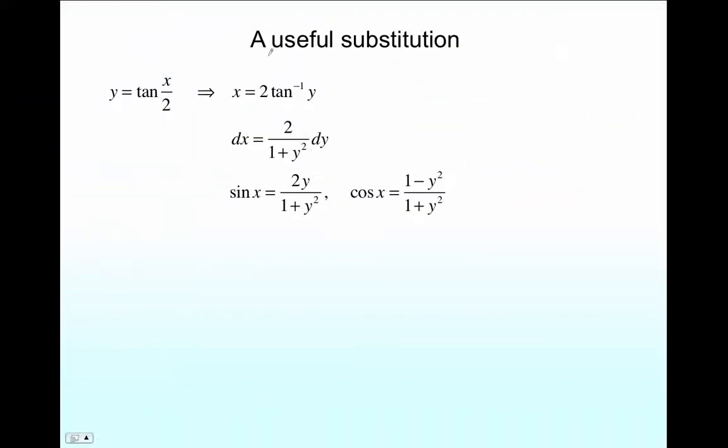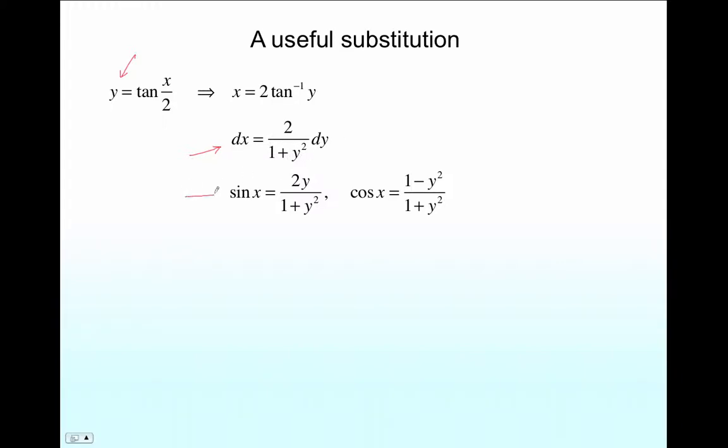Before ending this discussion on the integrals of trigonometric functions, let me mention a very useful substitution. If one defines y to be tan of x over 2, then immediately x over 2 is tan inverse y, or arctan y, from which you get dx is 2 over 1 plus y squared dy.